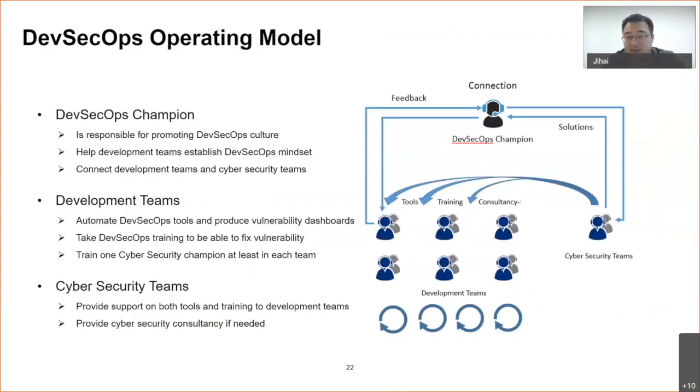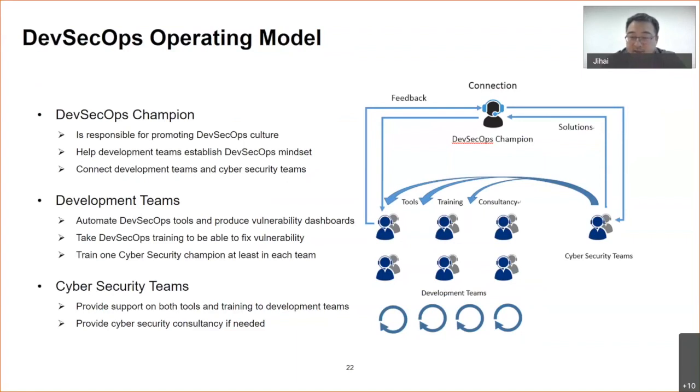Then the cybersecurity teams try to provide help on tools, on training, and also consultancy. Finally, the application teams, using the support from the cybersecurity teams, the tools, and the training, implement this into their real work. Like I said, this is iterative.